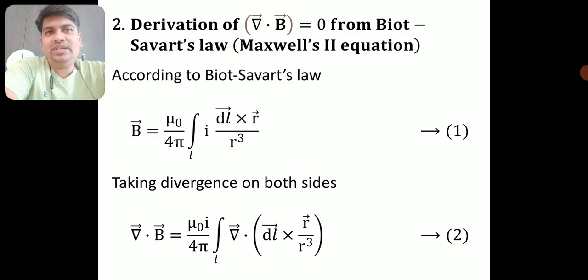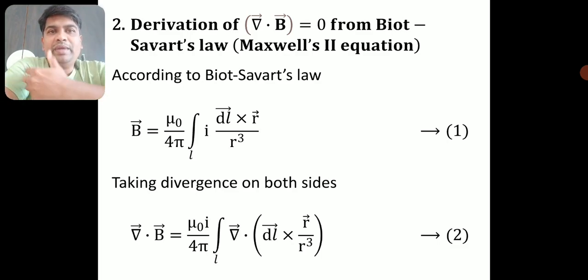Now what I want is the magnetic field due to a whole conductor which carries a current. Then if I want the total magnetic field, I have to write B and integrate that equation, integrate I dl cross r divided by r cube.